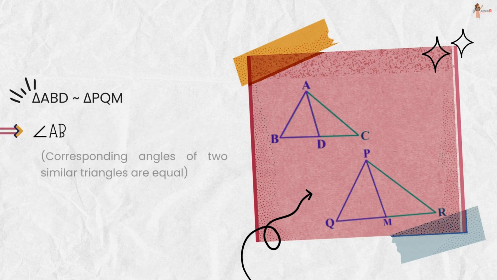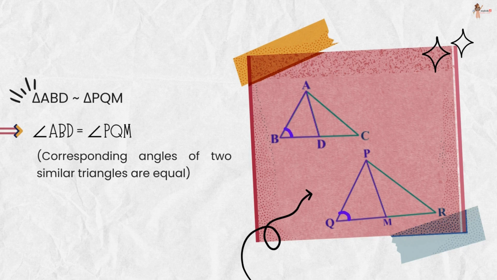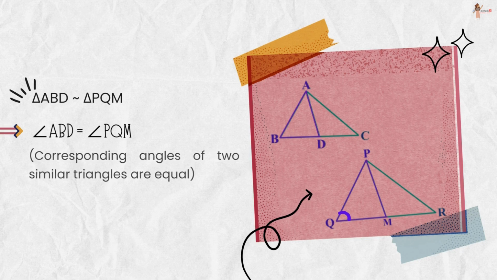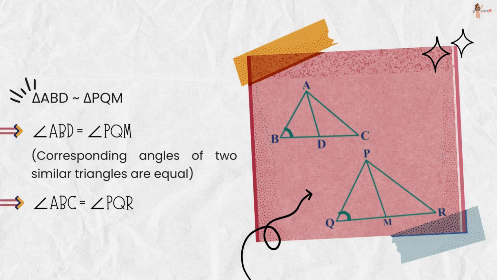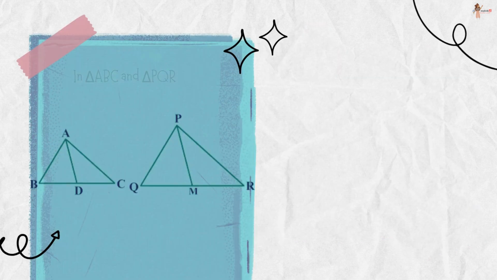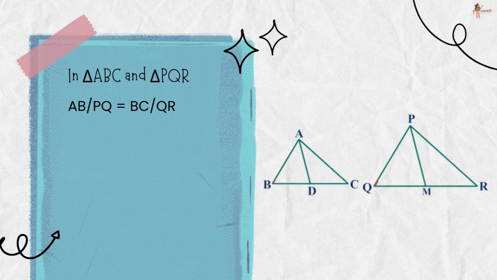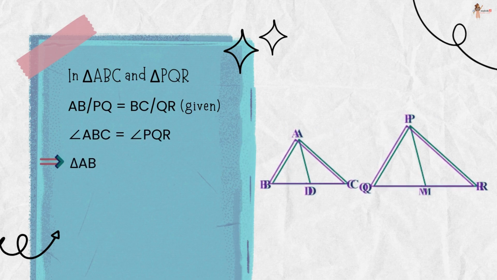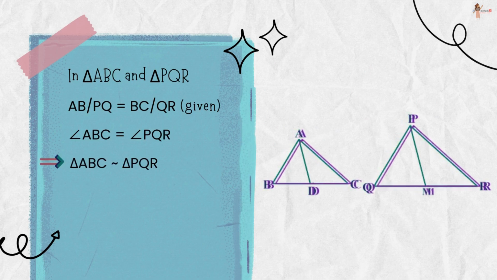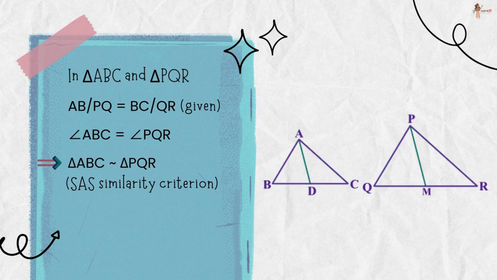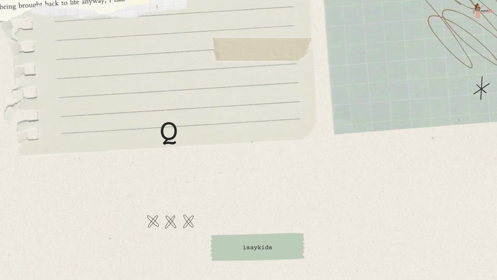It also means angle ABD is equal to angle PQM because corresponding angles of two similar triangles are equal, which also means that angle ABC is equal to angle PQR. Now, in triangles ABC and PQR, AB upon PQ is equal to BC upon QR. Also, we just proved that angle ABC is equal to angle PQR. Thus, triangle ABC is similar to triangle PQR by SAS similarity criteria. Easy.